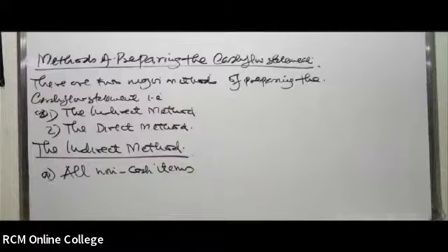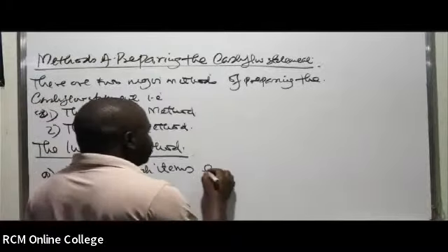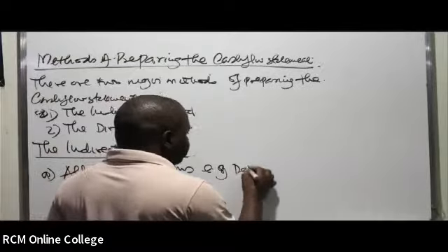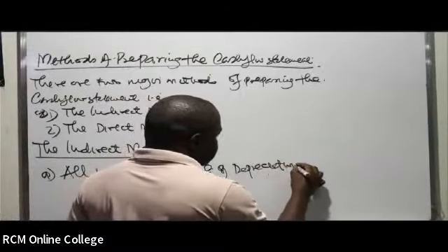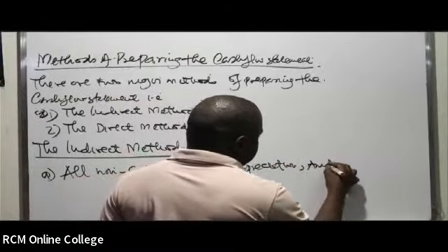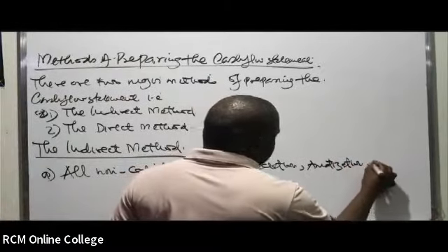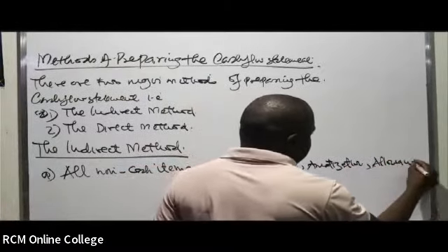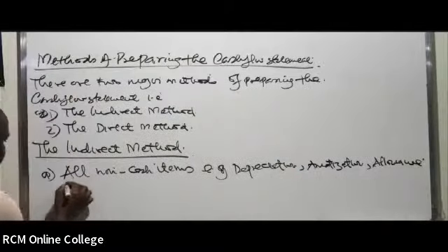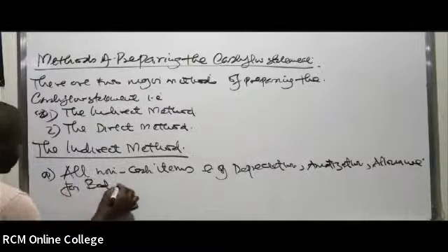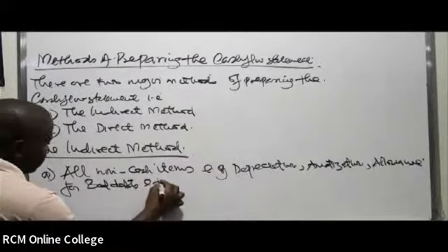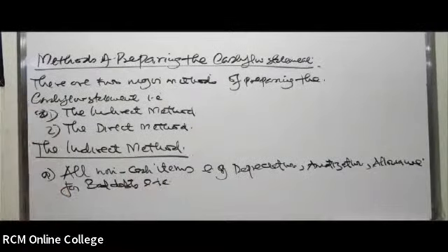So we start with the profit before tax, then on it you adjust all non-cash items, e.g., depreciation, amortization, allowance for bad debts, etc.